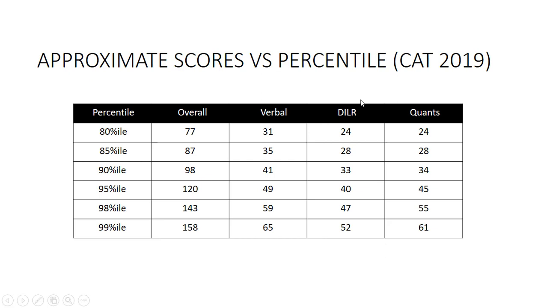This means that the difficulty level of the DI-LR section varies somewhat throughout the years. If you divide 47 by 3, even if you solve just 4 sets, you can get 98 percentile. This means that selection of the right sets is the key to gaining the maximum percentile in the DI-LR section.